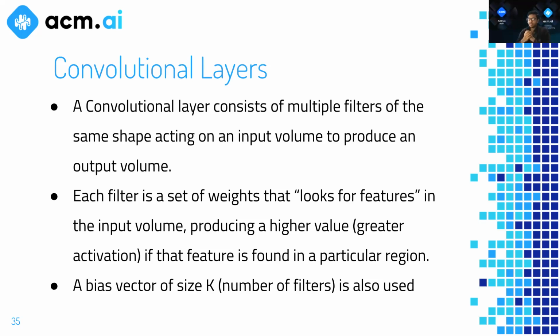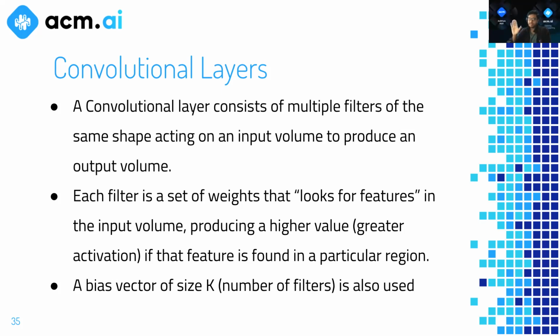If some particular filter is looking for some feature in our input image, then you can expect the values in that filter to be better activated when they come across that part of the image. So let's say we have a filter that's looking for maybe a diagonal edge.